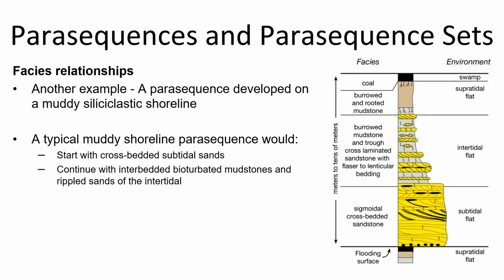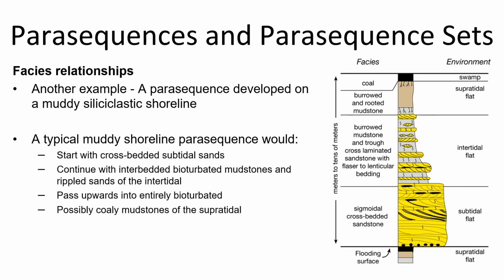That's going to continue upward with interbedded mudstones that are going to show a lot of bioturbation because you're at the intertidal flat. So a lot of ripple sands and crossbeds and interbeds with those bioturbated muds. That passes up into really, really bioturbated environments. And ultimately you end up with mudstones with lots of coal, part of the supratidal environment.